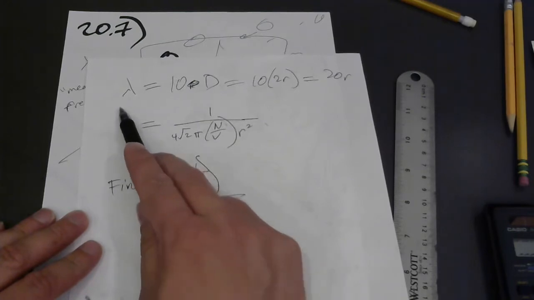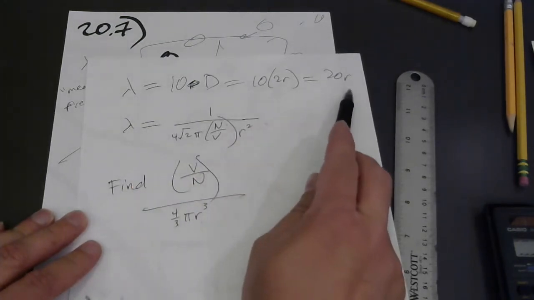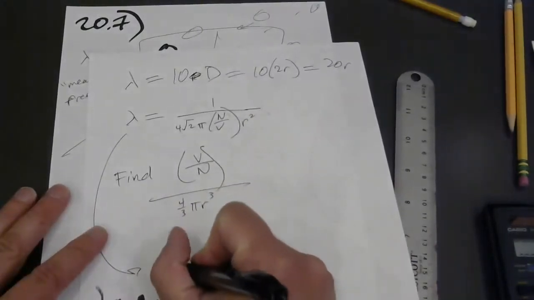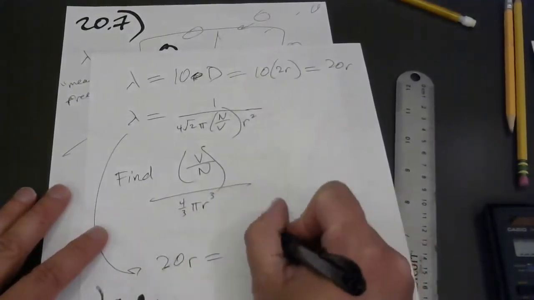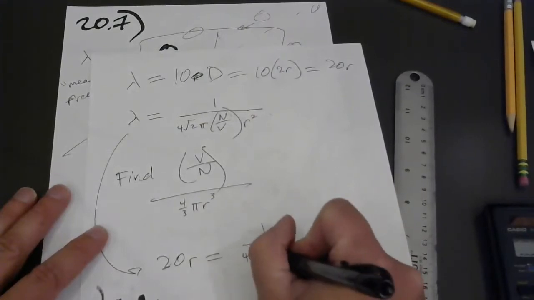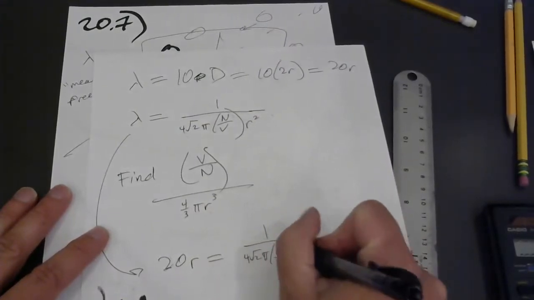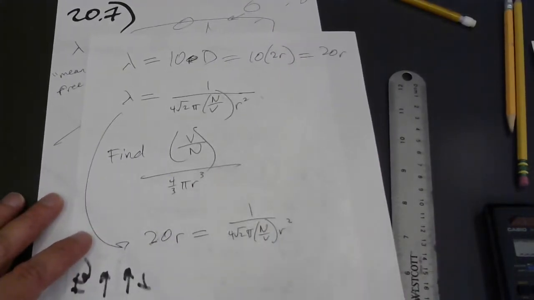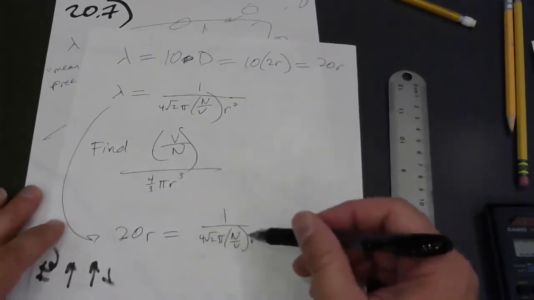The book tells us that the mean free path is 20 times the radius of each particle. So let's rewrite this and say, well, 20r has to be 1 over 4 rad 2 pi N over V r squared. Okay, well, I'm interested in this ratio, so I'm just going to move some stuff around.